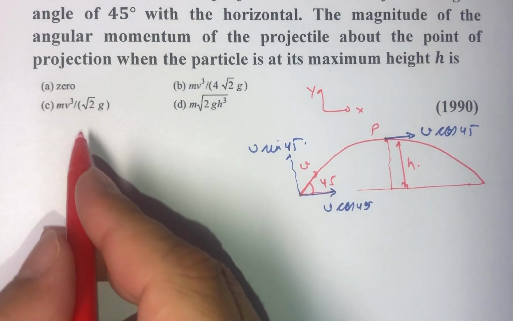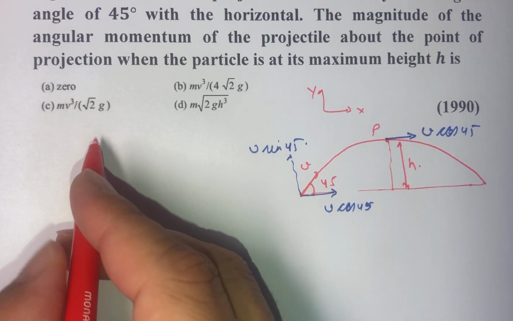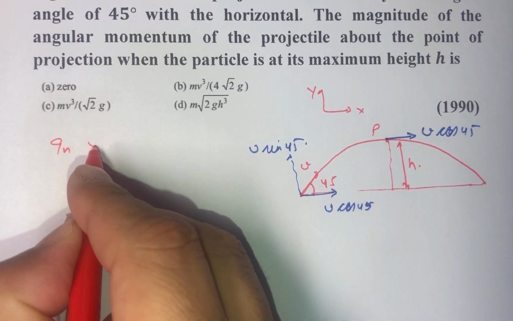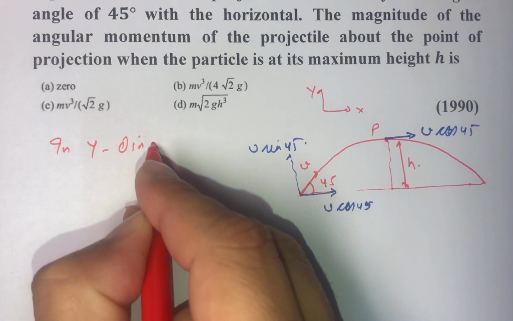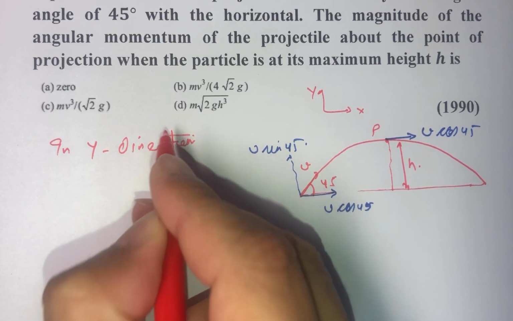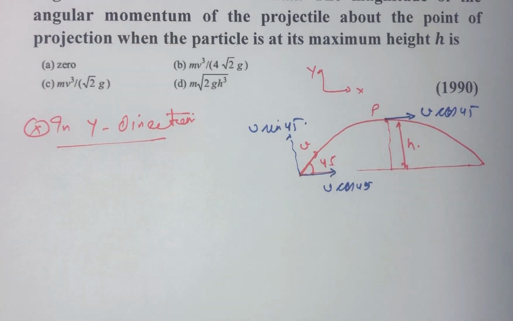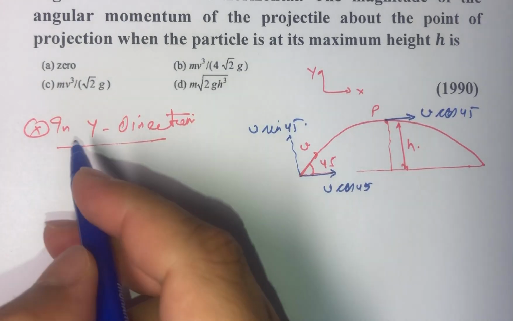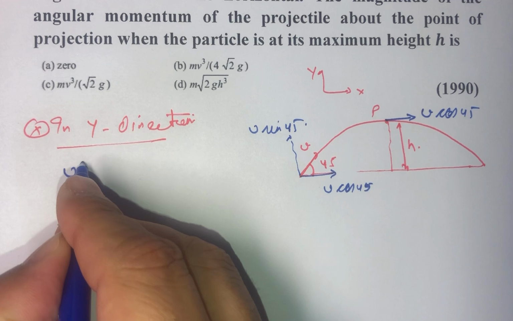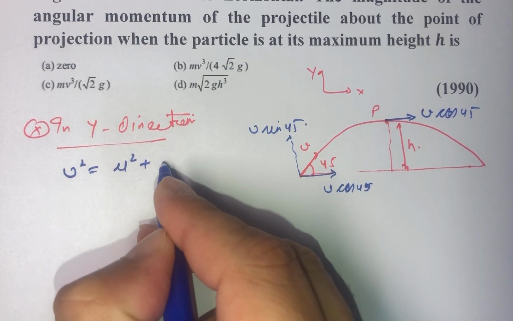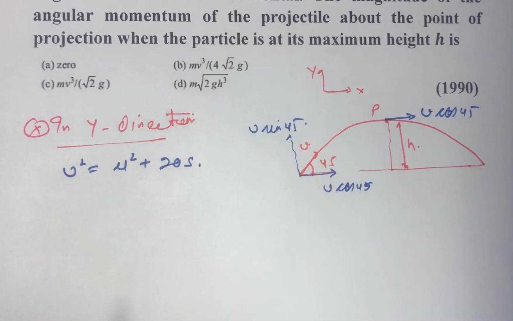So we take, in y direction, you can use the equation of kinematics, which says that v square is equal to u square plus 2as.